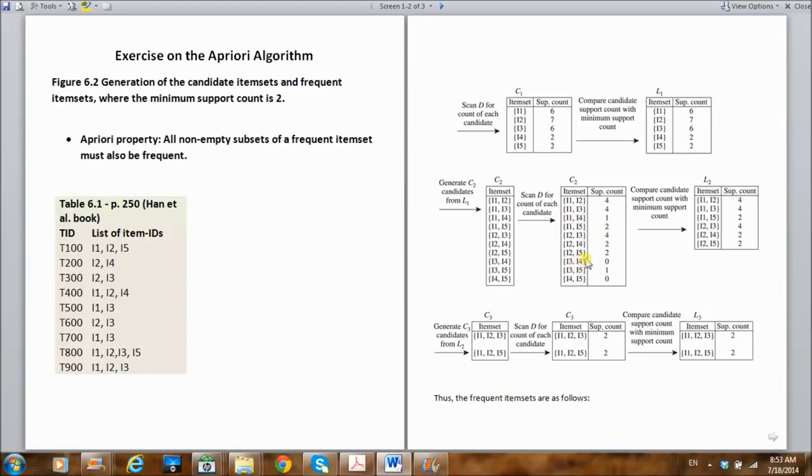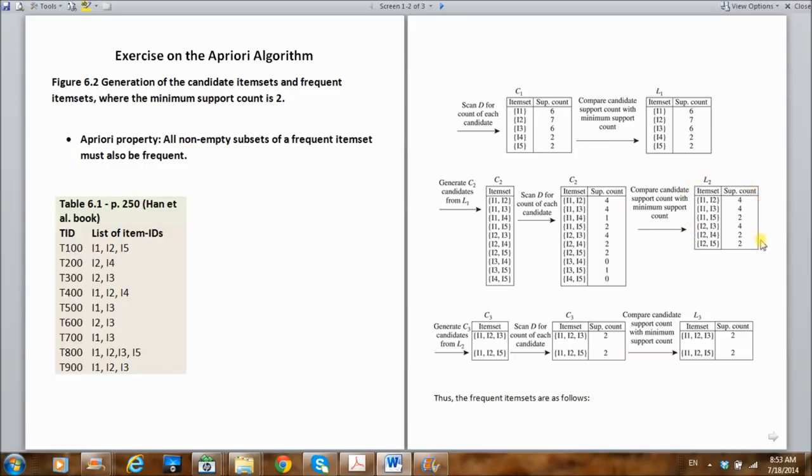Same thing with 3 and 4: 0 is less than 2, so we don't include that. I3, I5, and 4 and 5 are all below our minimum support count of 2. So we only include the item sets with a support count greater than or equal to 2. These are our level 2 frequent item sets.